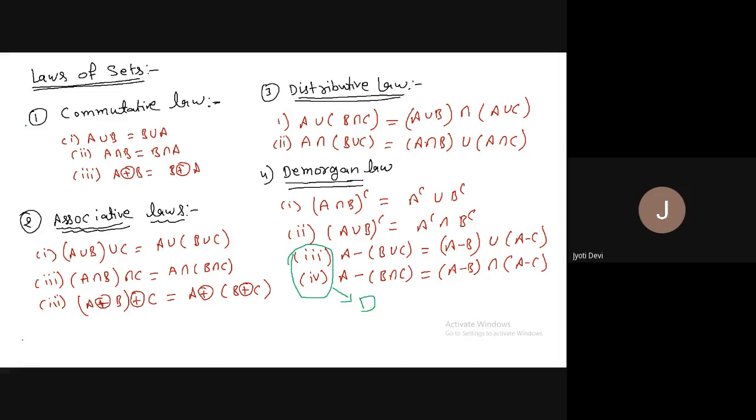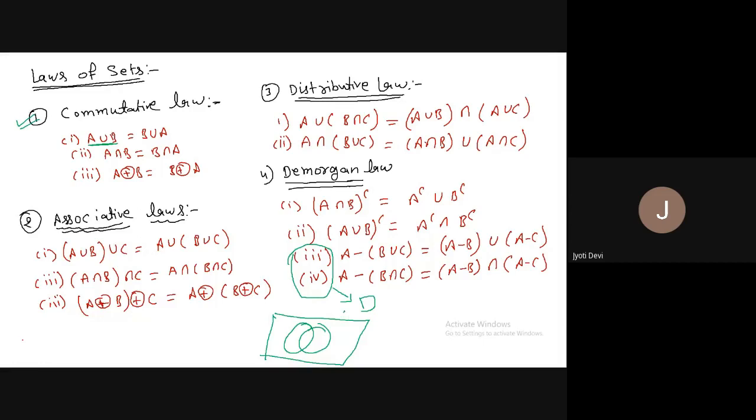For example, the first property is the commutative property, which is followed by the set operation A union B. If I have two elements, then I can generalize the diagram like this.